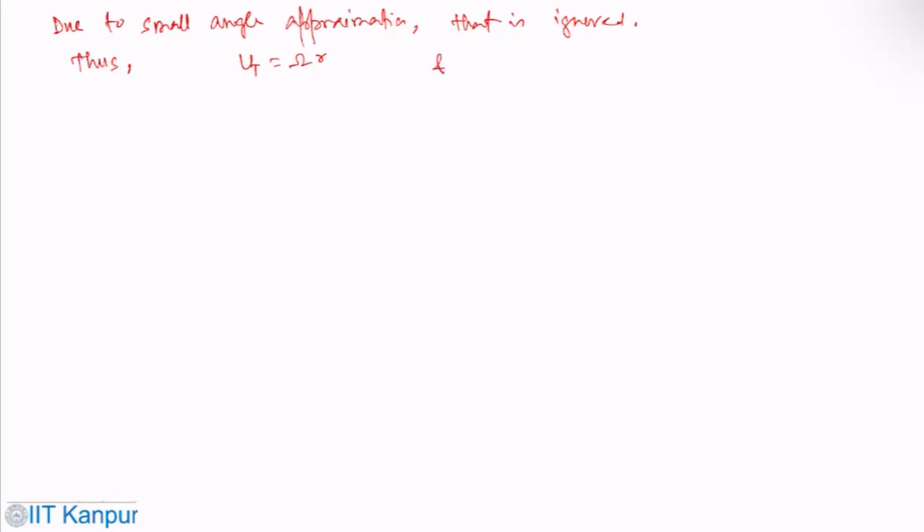And what we have, the perpendicular, the axial component UP is U into 1 minus a minus r beta dot, because this is the reduction due to flapping velocity, that is r beta dot. So U is the free stream velocity here.